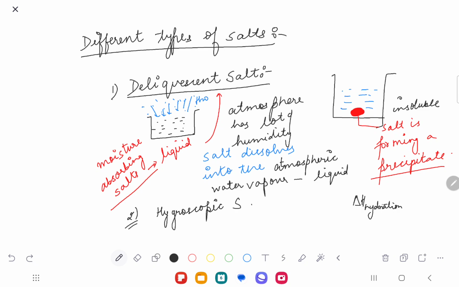Now, what are hygroscopic salts? Hygroscopic salts are those salts which absorb the moisture, but they do not change their state. If they're solid, they would remain solid.